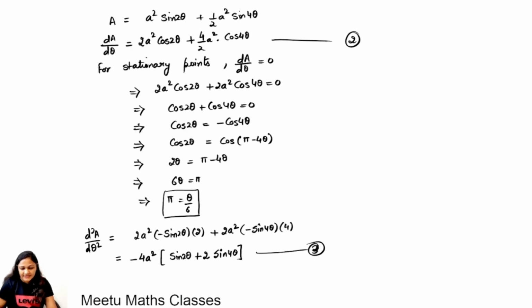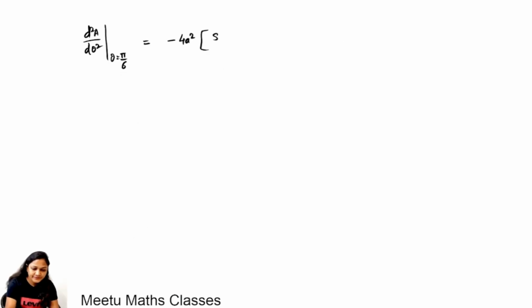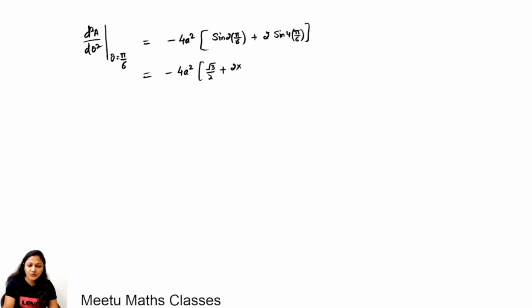So d square A by d theta square at theta equal to pi by 6 is equal to minus 4a square common, sin 2 theta plus 2 sin 4 theta, and that is equal to minus 4a square, sin pi by 3 is root 3 by 2, plus 2 into sin 2 pi by 3, which is equivalent to sin of pi minus pi by 3, and that is also equal to this.